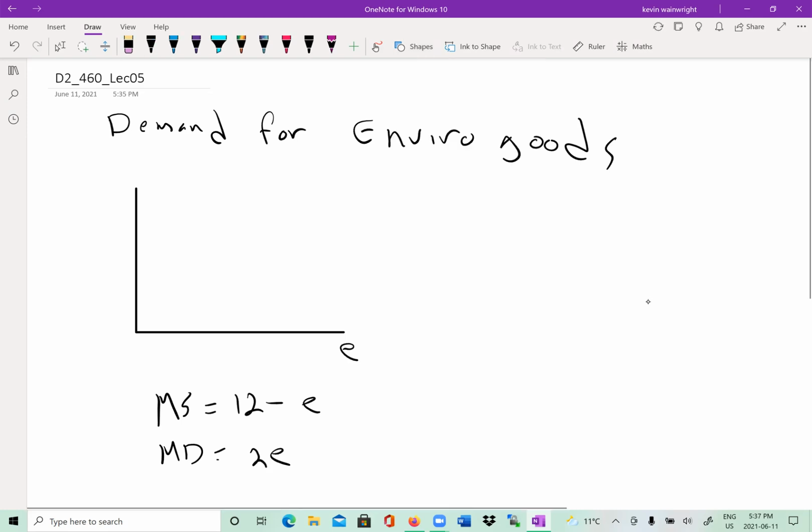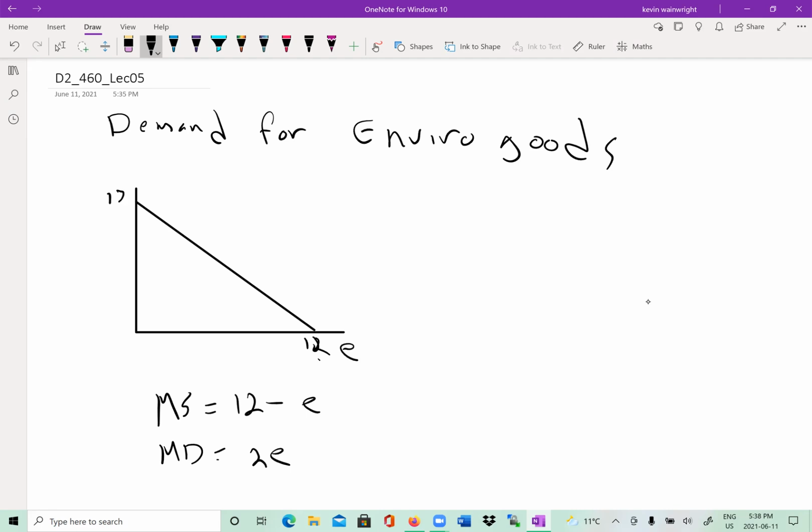So we can graph that. And there's the marginal savings, right? And so the unregulated level of emissions will be 12, right?